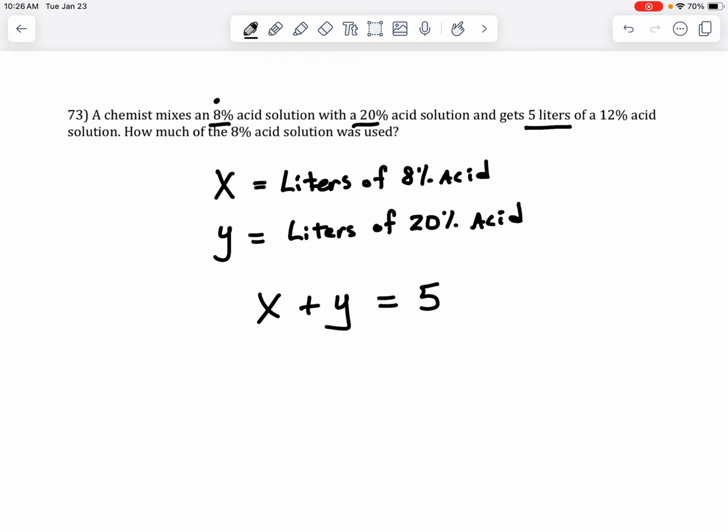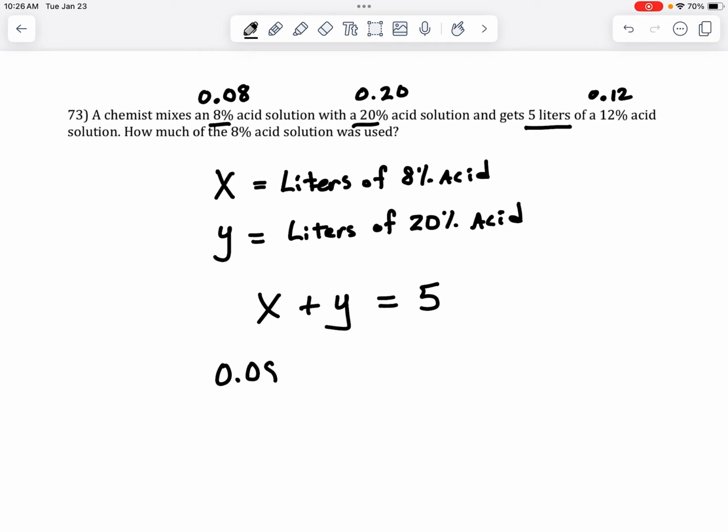So first of all, when I change the percent to a decimal, 8% becomes 0.08, 20% becomes 0.20, 12% becomes 0.12. So if you use, oops, that's supposed to be 0.08.